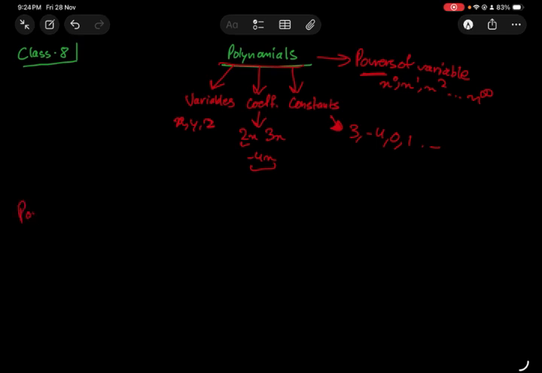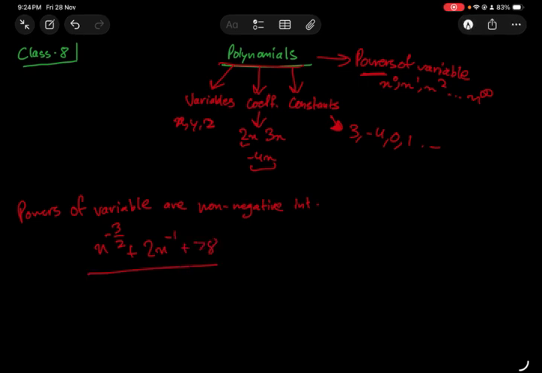So the powers of the variable are non-negative integers. So you can't have a polynomial with x power minus 3 by 2 plus 2x power minus 1 plus 78. This is not a polynomial. But x power 3 plus 2x plus 78 is a polynomial.